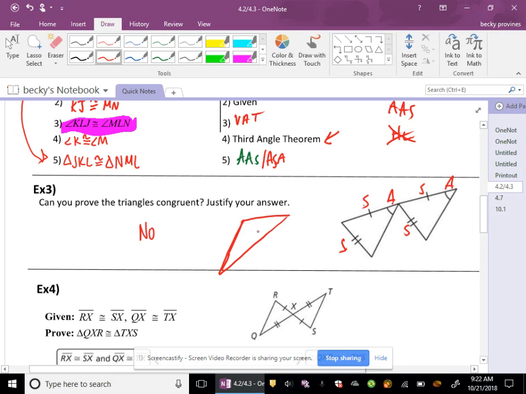Okay, so if you have side angle, the problem is this side here technically could flip and go over the other direction and still be congruent. And so since we don't know this other side, it could change.